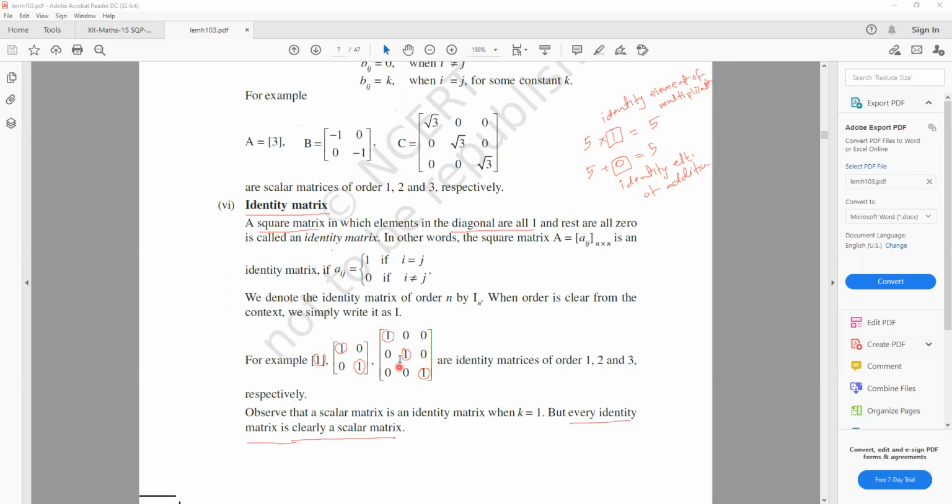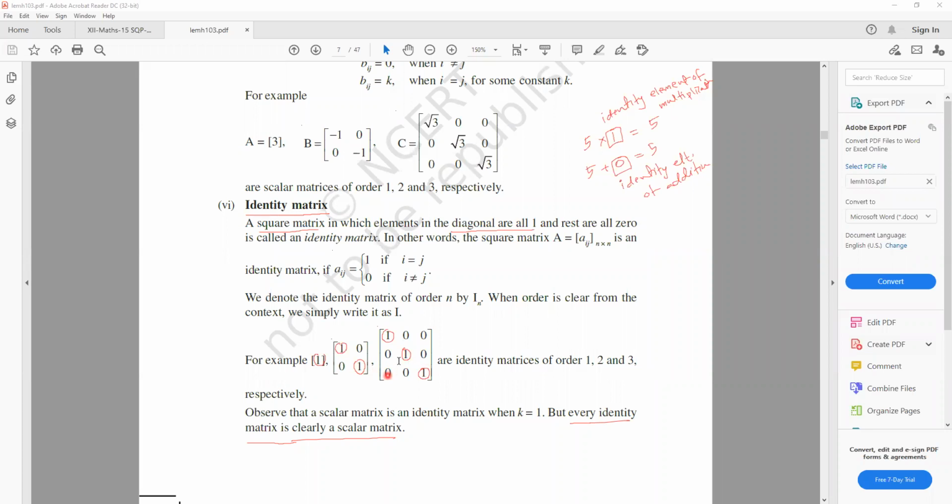Okay, clear? So we have seen row matrix, column matrix, square matrix, diagonal matrix, scalar matrix, and identity matrix. अभी एक्चुअली ये आइडेंटिटी मैट्रिक्स है ना, it is the multiplication identity of matrices, not the additional identity.